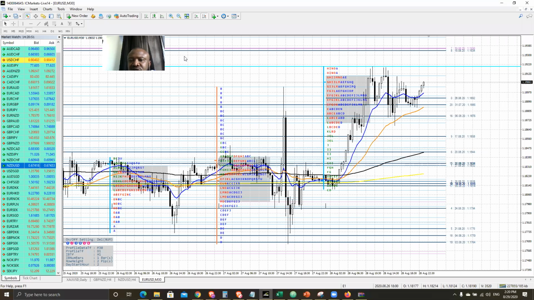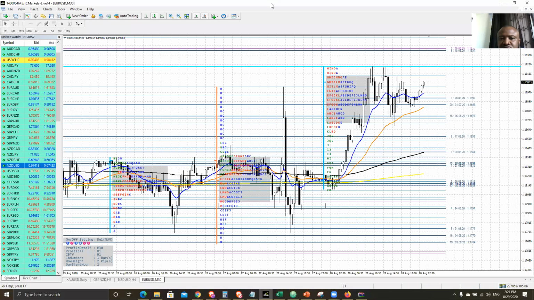We can find rejection in the 20 region. Pound against the dollar. Aussie CAD. So I'll look at pound against the dollar, then we go into Aussie CAD.